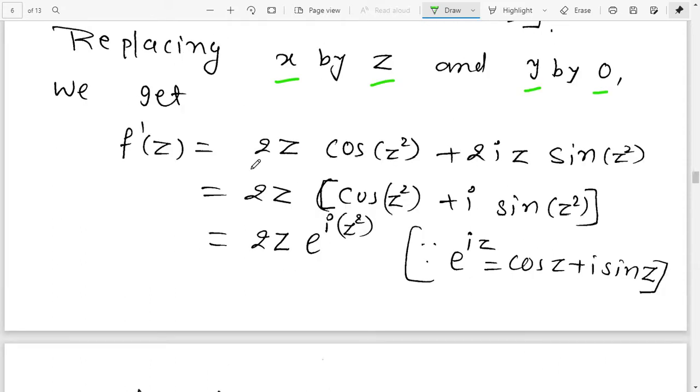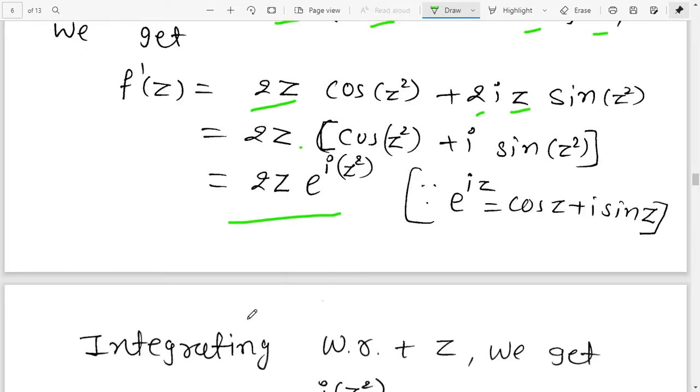Now taking common 2z into cos z square plus iota sin z square. But e raised to iz is equal to cos z plus iota sin z. So it is e raised to iota z square into 2z.